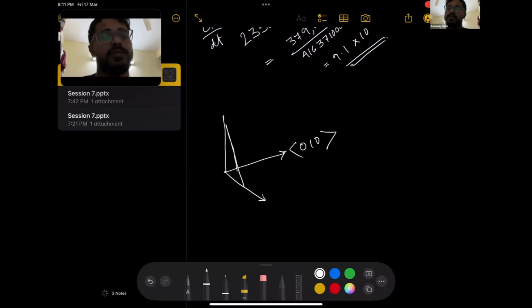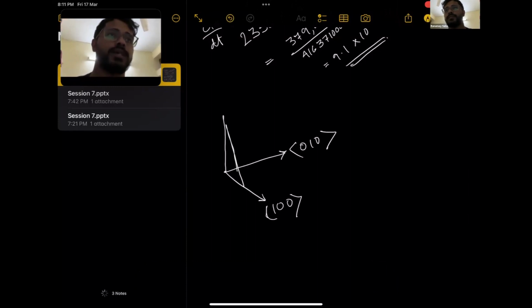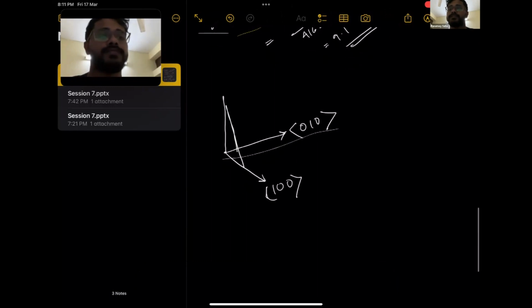This is the 001 plane, where the etching is happening.